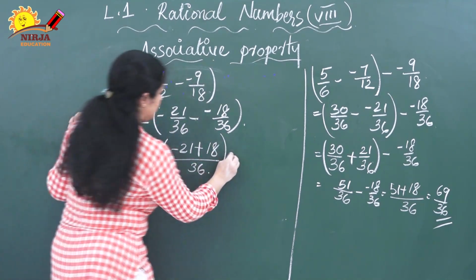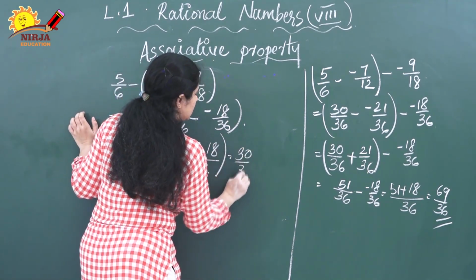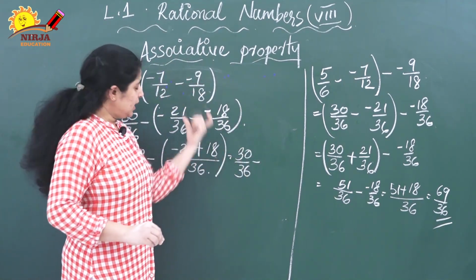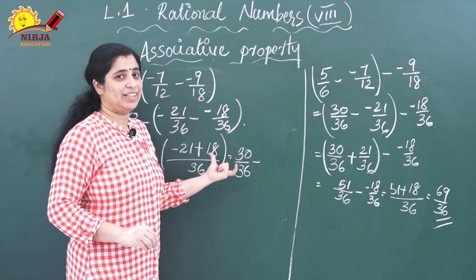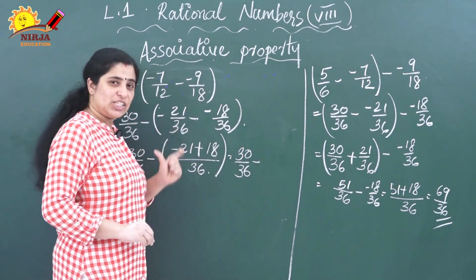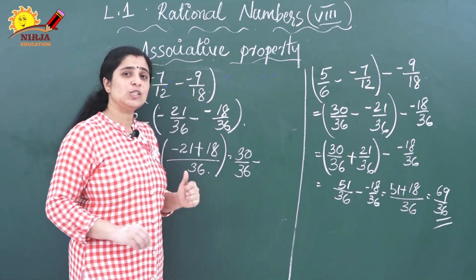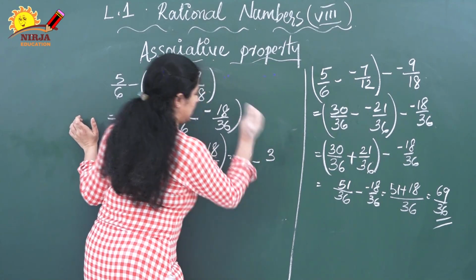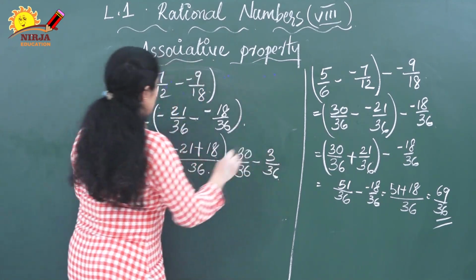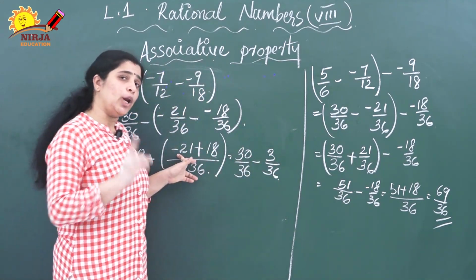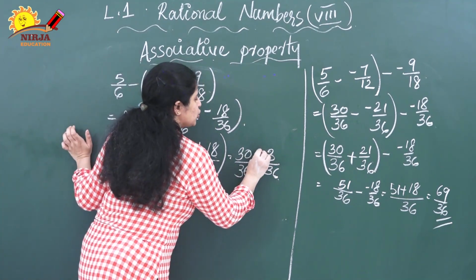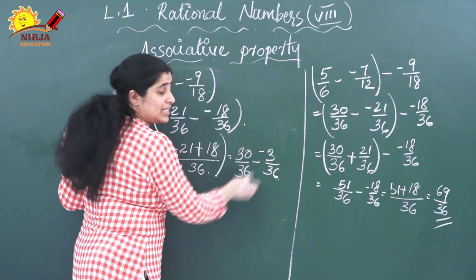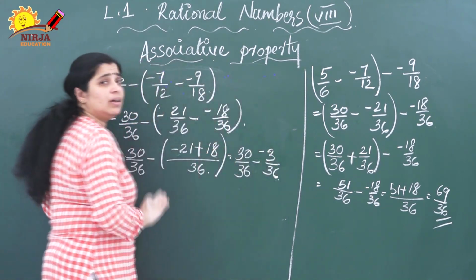So you will get 30 by 36 minus 21 plus 18. Here also again you have to apply the rule of integers. Here minus 21 is the bigger number and 18 is the smaller number. Subtraction you have to do, so you will get 3 by 36. Consider the sign of the bigger number. Bigger number is negative, so you should keep negative here. So you are getting 30 by 36 minus 3 by 36.